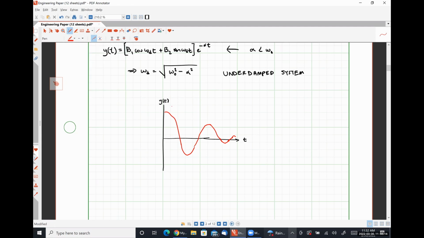Effectively, what's going on here is we have an envelope characterizing the exponential decay, and that exponential decay is multiplied by that sinusoid there. So we have oscillation that gradually settles to a finite value. So our red curve here is for an underdamped system.